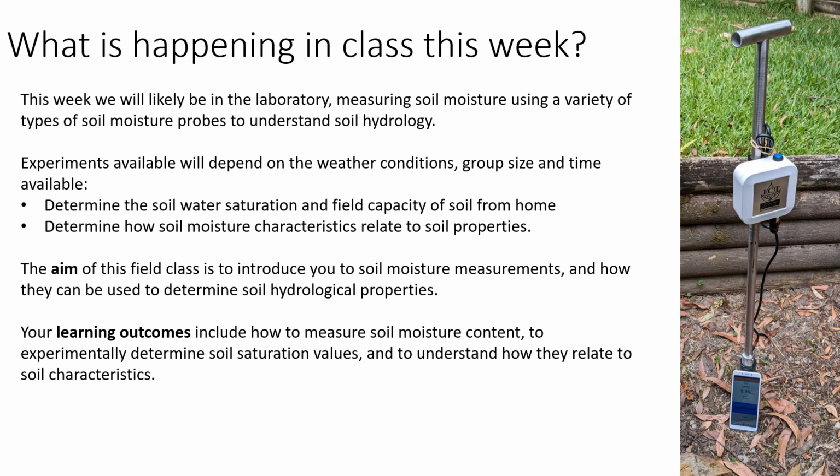And the most likely experiment we'll ask you to run is to bring some soil samples to the lab, and we'll ask you to work out the field capacity and the soil water saturation and investigate how that relates to soil properties such as soil texture.